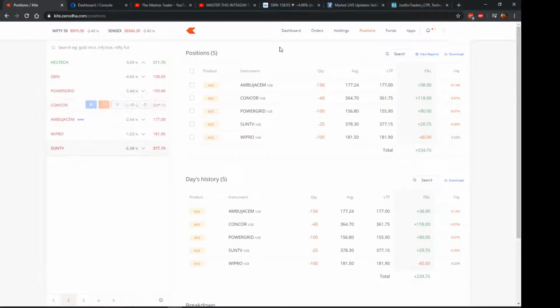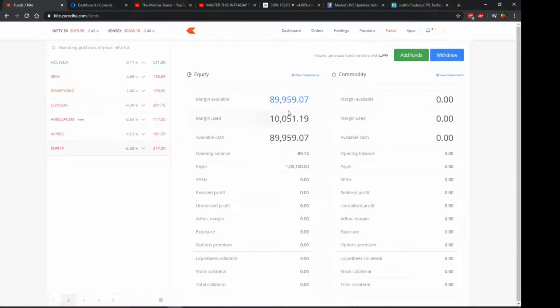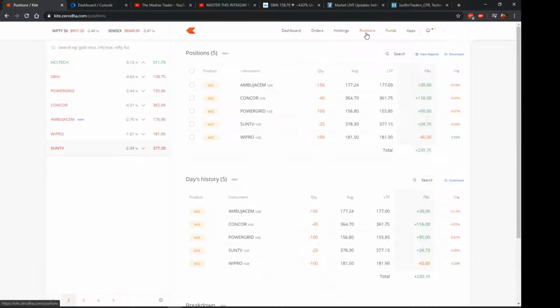Of course, I only have 1 lakh, so Zerodha has given me margins. Let's see how it is when each of these triggers, and at the end of the day we will compare notes and see where we are.